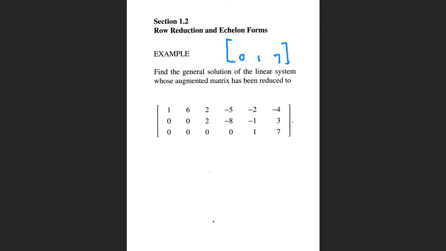And let's say you had 0, 0, 1. What students tend to do is they look at the bottom row. If this is an augmented matrix, the bottom row would read 1x2 equals 7. And they'd say, oh, it's consistent.